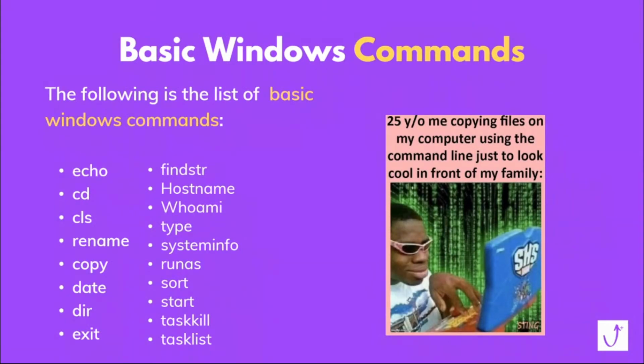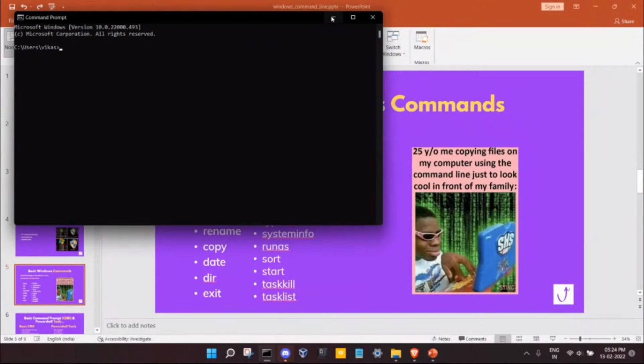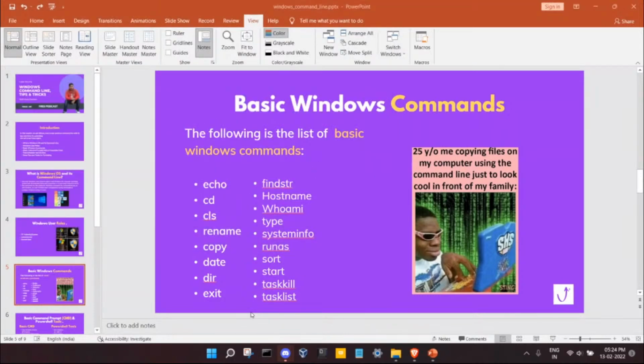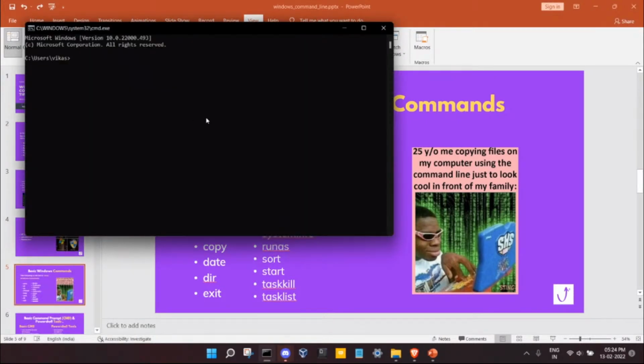Let's move to the basic commands that will be used, like echo, cd, and rename. I will demonstrate some commands. The first step is how to open the command terminal. There are different ways. First, press Windows plus R to open Run, type cmd, and the command prompt appears.